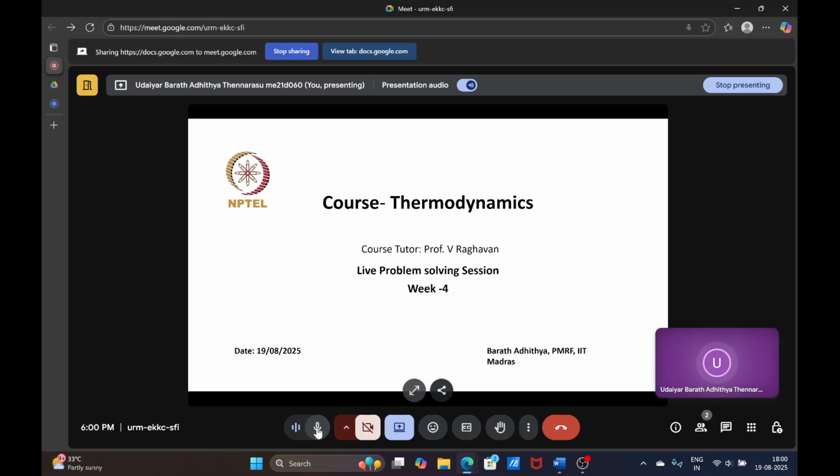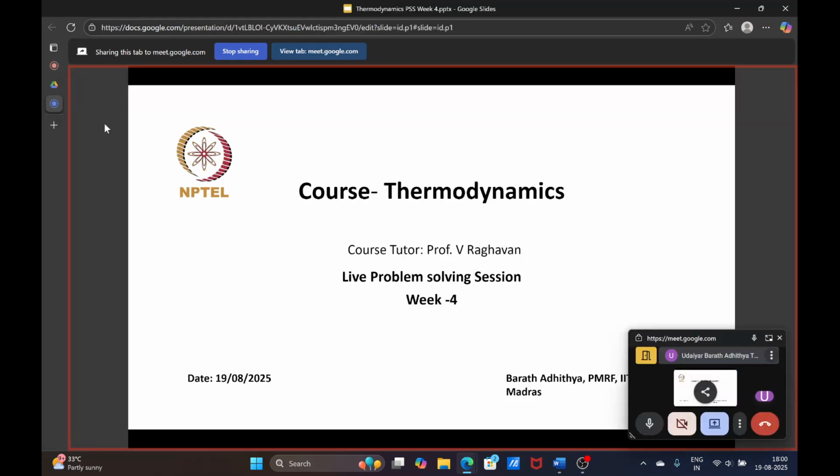Week 4 of the thermodynamics course. In the previous week we saw the first law and also some problems on pure substances, how to solve for pure substances. This week we are extending it to two phases, when the substance is no longer in a single uniform phase like air in a gaseous phase, but you have two phases, liquid and vapor, and they are getting converted and so on.